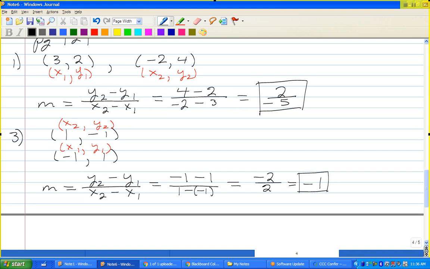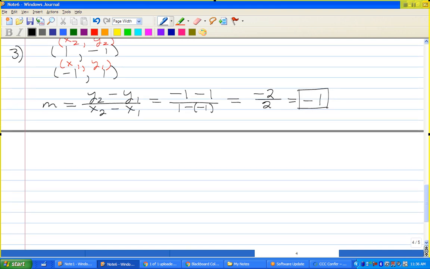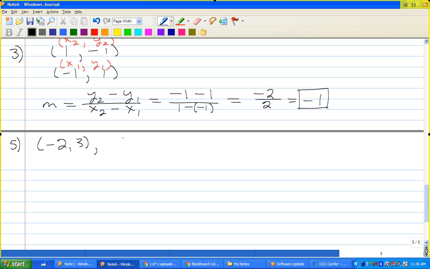Let me do problem number 5. The points are (-2, 3) and (-2, 5). Let's call this x1, y1, x2, y2. So m equals y2 minus y1 over x2 minus x1.